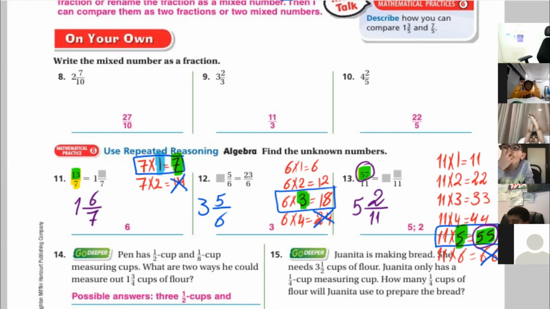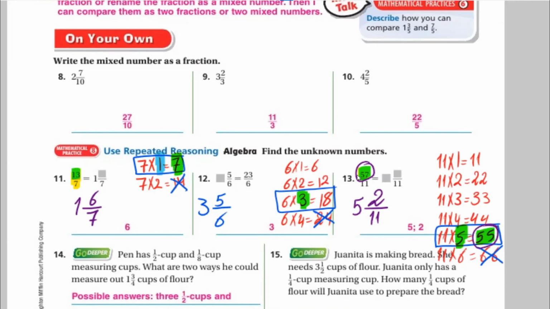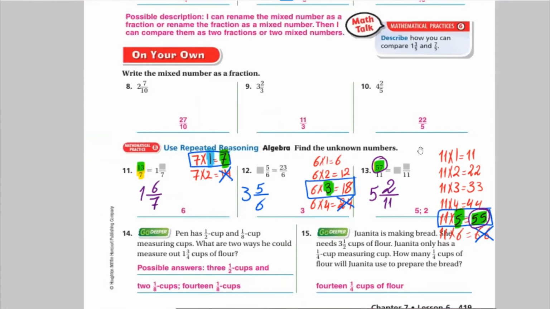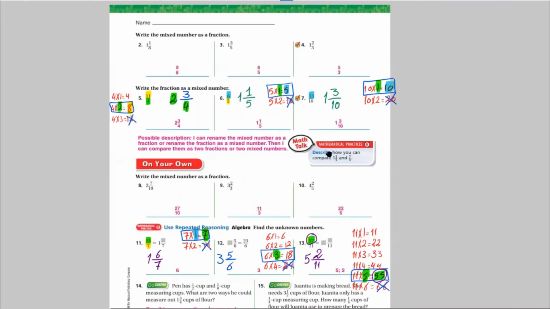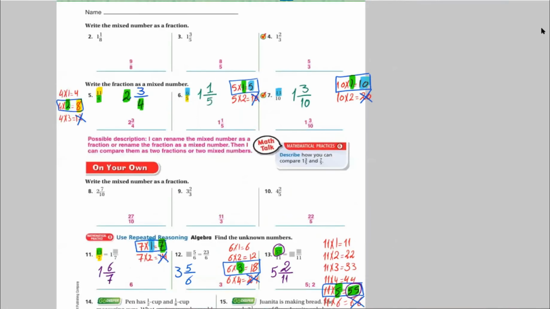Okay, the next one, I will give you an example and you will help me to solve it. What about Yazan?